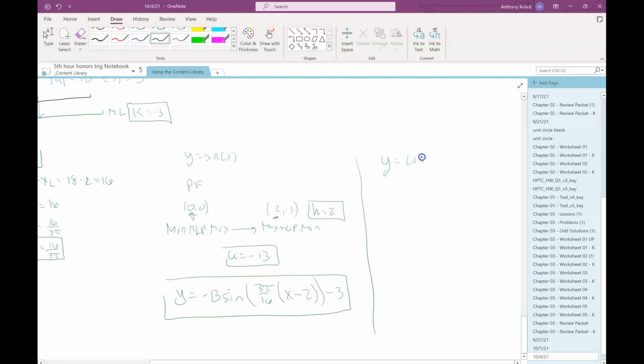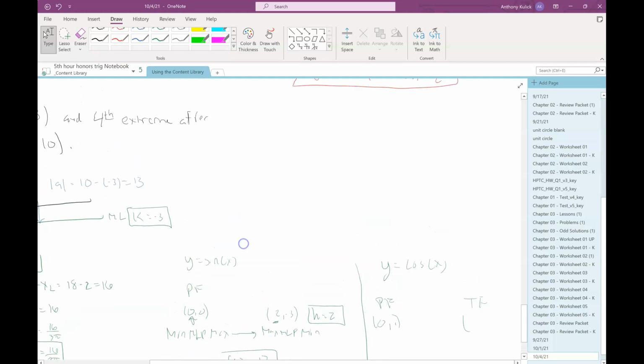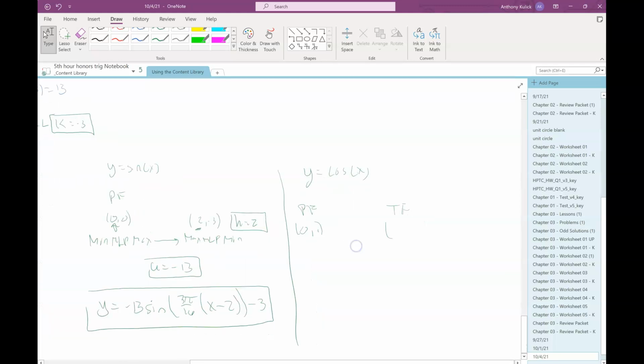Had we done cosine, it's actually, I think, a little bit more straightforward here, because I know right away that here we're going max to max.